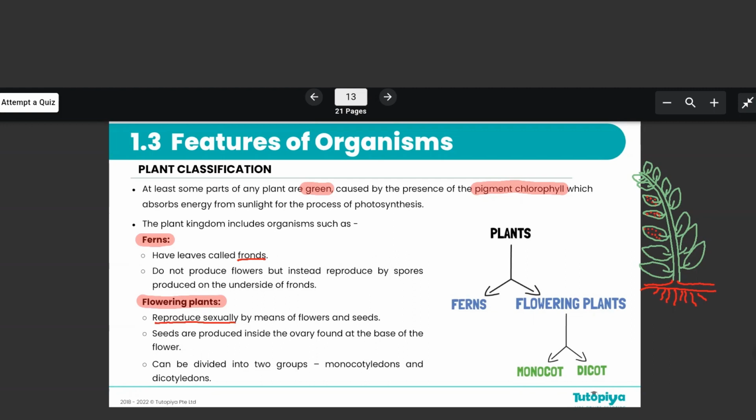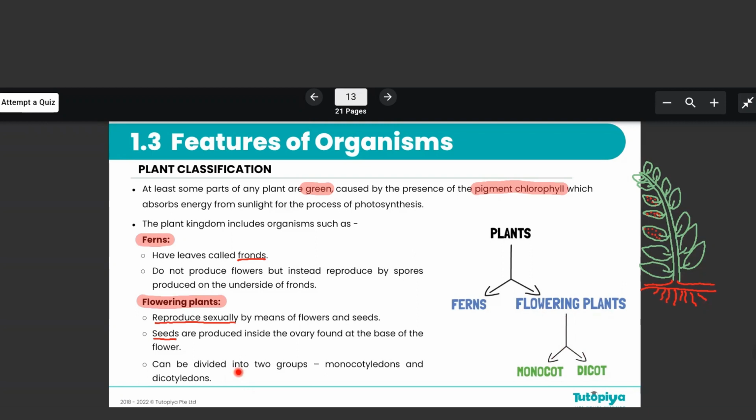So the flowers are the reproductive structures of the plants, and fertilization happens within the ovary of the flower, and that ultimately produces a seed which can give rise to a new plant. So sexual reproduction takes place within a flower, and since this is such a huge group of plants, we divide this group of flowering plants further into two.